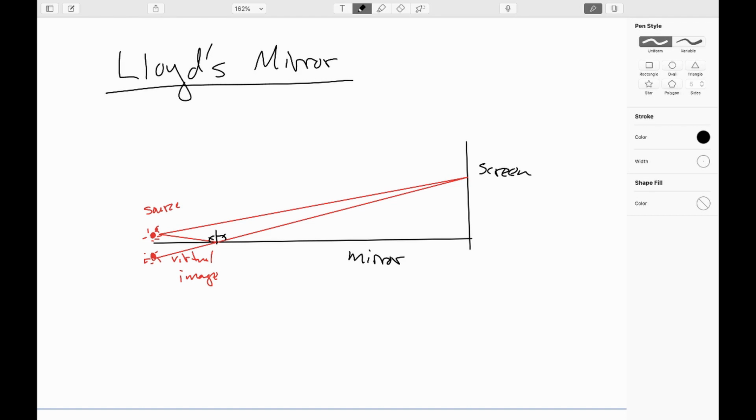Okay, so the only thing that changed relative to the screen is that the light from the virtual image really bounced off of here. To switch bright and dark completely means that the act of the light bouncing off the mirror had to somehow change the phase of the light by 180 degrees.